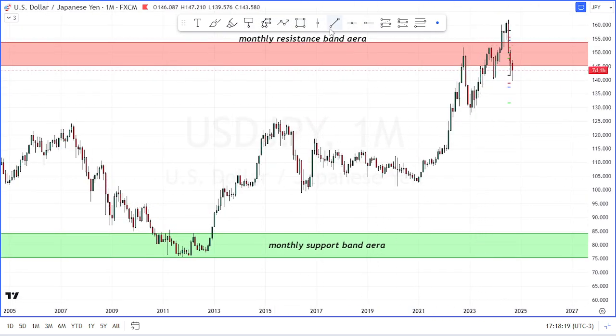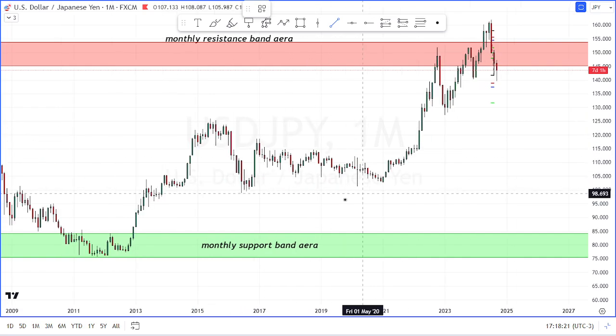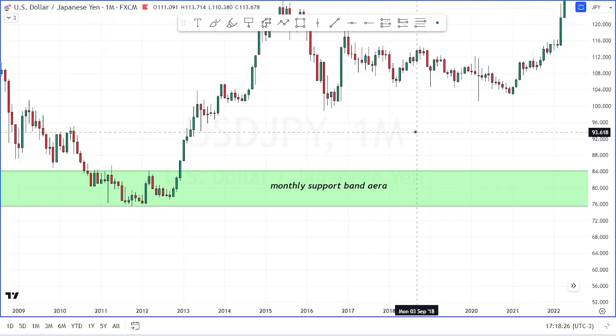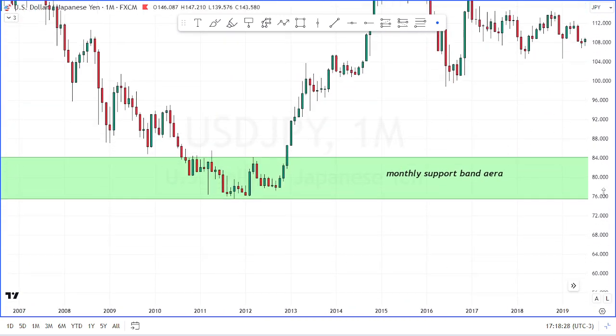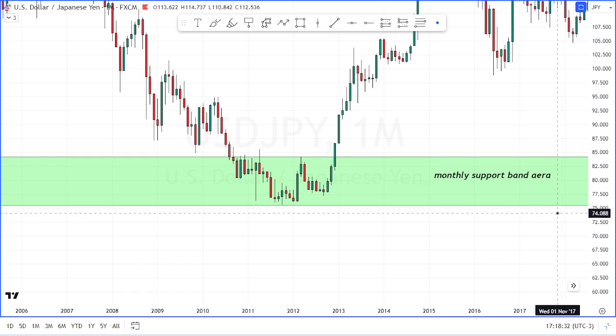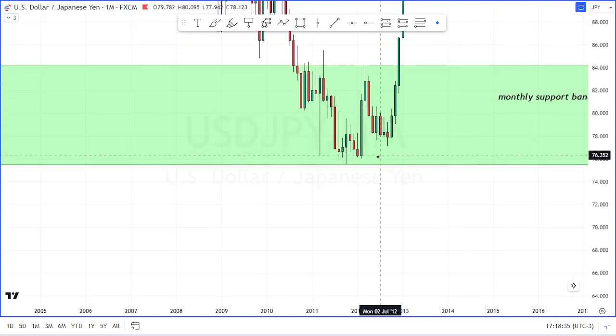Right here in front of us is USDJPY. So I'm going to take my trend line. Previously the price started from here, from the monthly band back in time. We can see this is the lowest point back in time, no doubt, right?